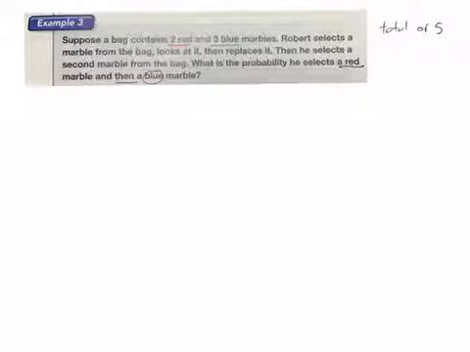So let's see, the probability of a red, well, there's 2 red ones and there's 5 in all. And the probability that he selects a blue one, well, there's 3 in the bag and there's 5 in all. So the probability of him selecting a red one and then a blue one is going to be 2 times 3, which is 6, over 5 times 5, which is 25.